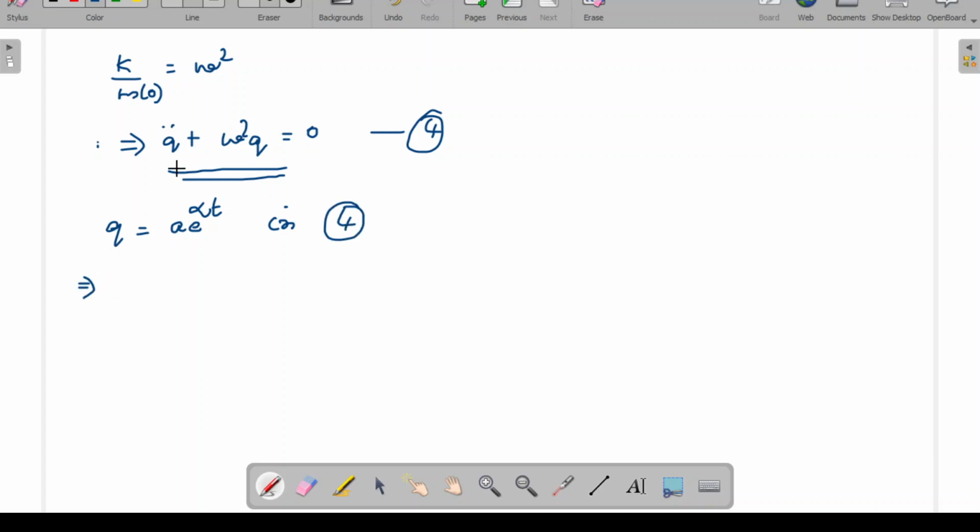If I put that in equation 4, q dot is a alpha into e raised to alpha t, right? Again taking the derivative, the second derivative becomes a alpha square into e raised to alpha t. Then omega square into q, which is a e raised to alpha t, is equal to 0.